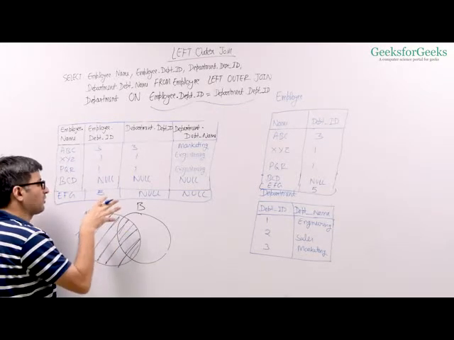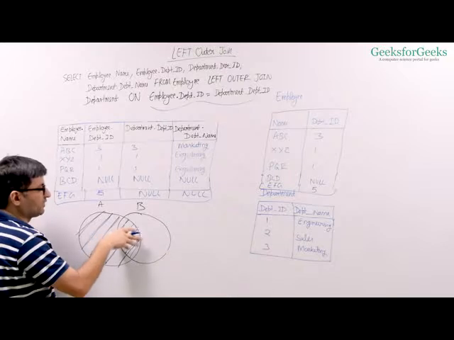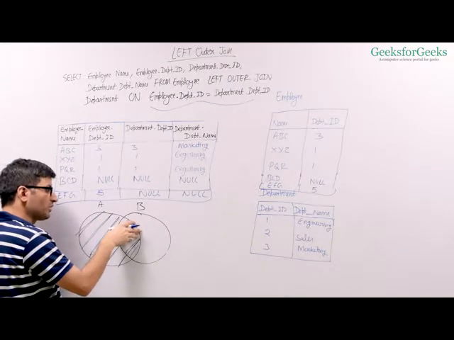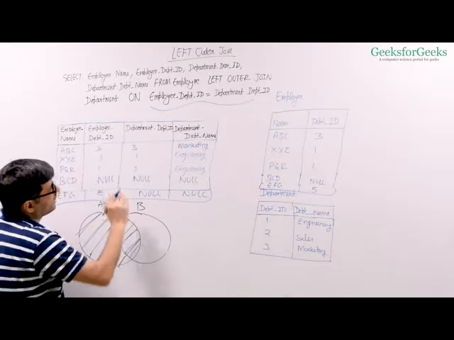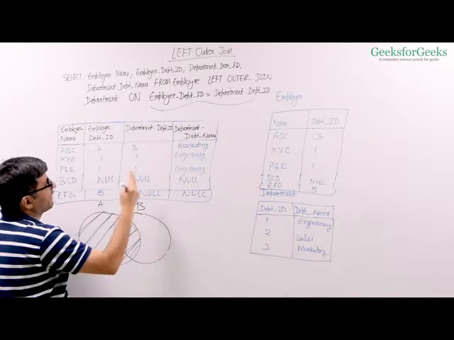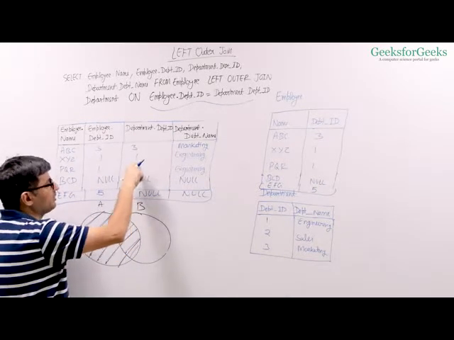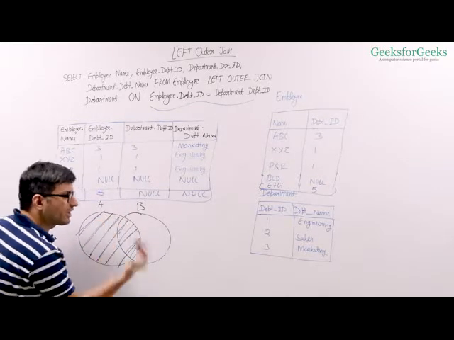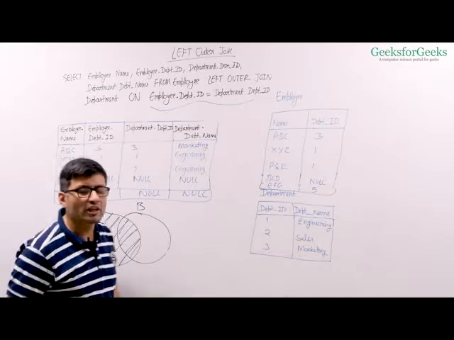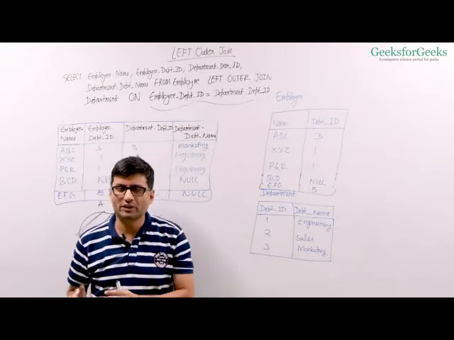So you print all the rows of A, which include the rows which follow the constraint and rows which do not follow the constraint. And in the right part, you have only non-null values in the rows that follow the constraint in the right table. So you have a partial right table and full left table.